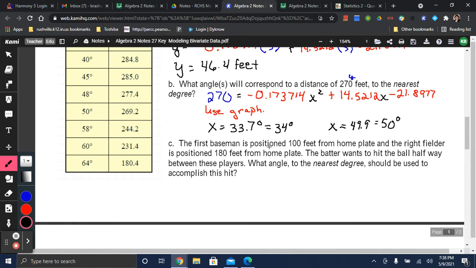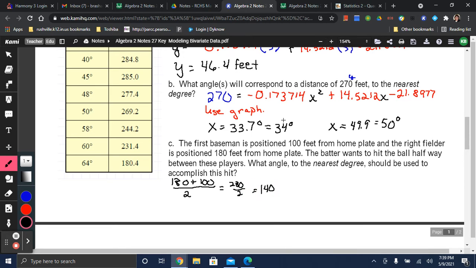So you have to do a little interpretation here, because you need to know what halfway between 180 and 100 is. You could do the math on that by taking 180 plus 100 and dividing that by 2. So that's going to give you 280 divided by 2, which is going to be 140.